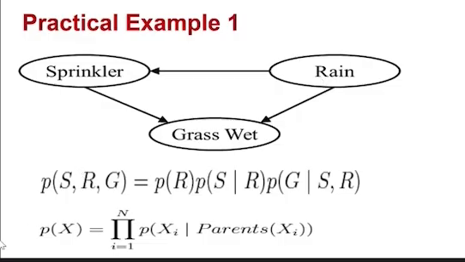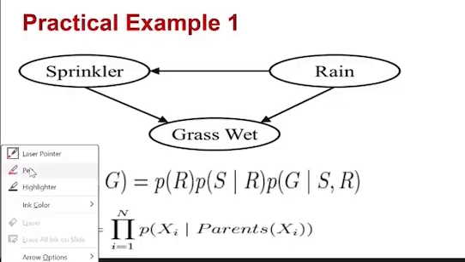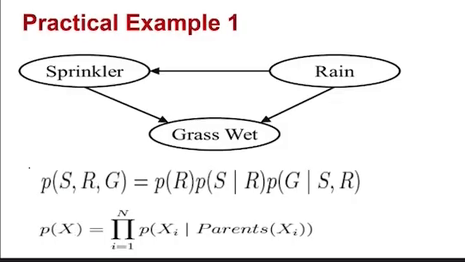Now, I want to figure out what is the joint probability of having the sprinkler activated, the rain, and the grass wet. And if I want to do that, I'm going to use the idea of a probabilistic graphical structure.